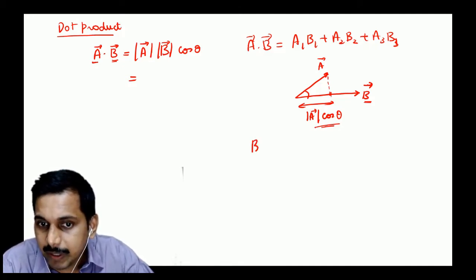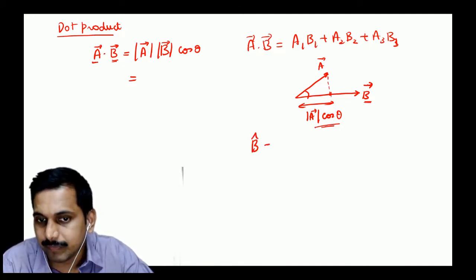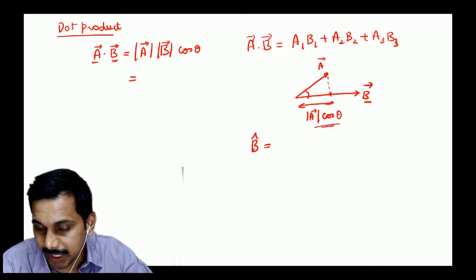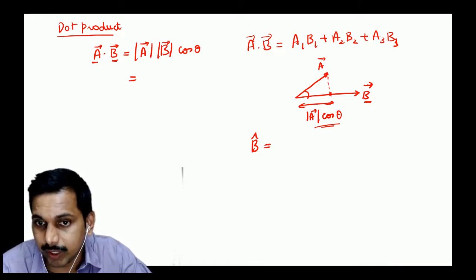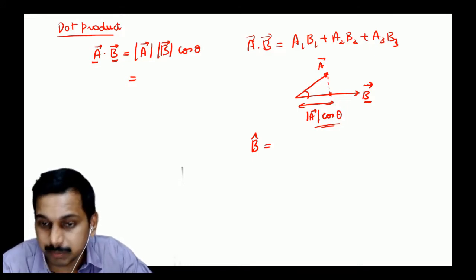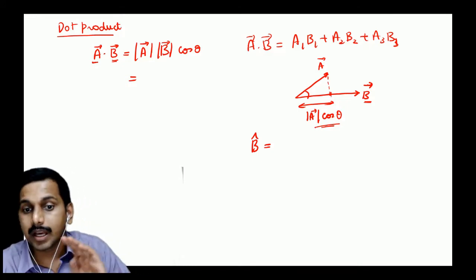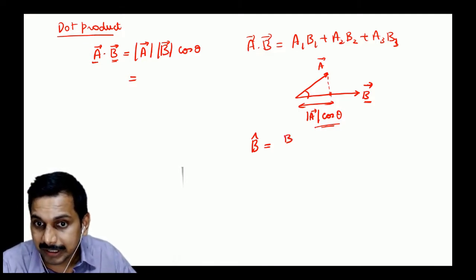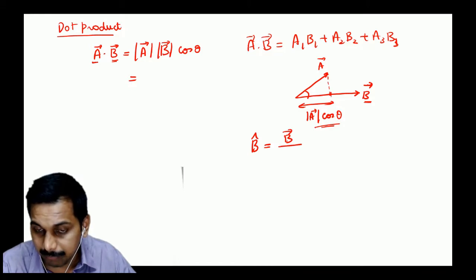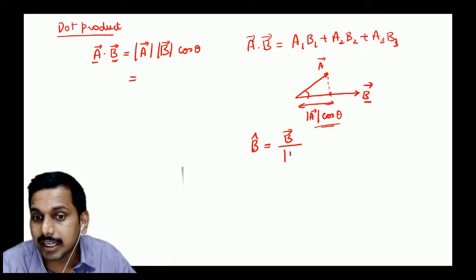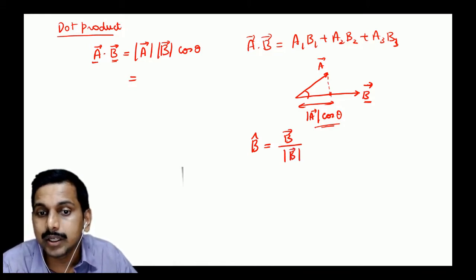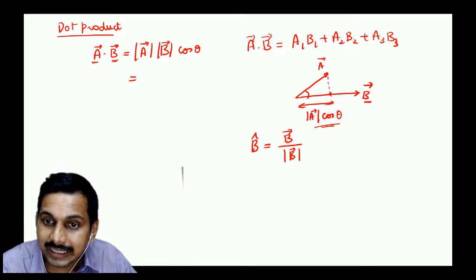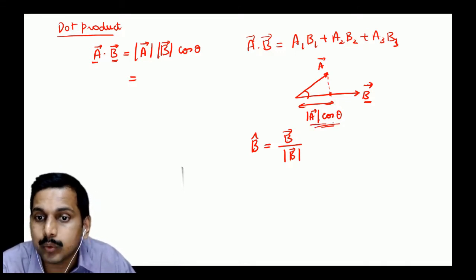If I have B vector, what you say, the unit vector. So A dotted with B means when I say B, it is nothing but the direction of B, the B vector divided by the magnitude of B vector, and that dotted with A would be this.